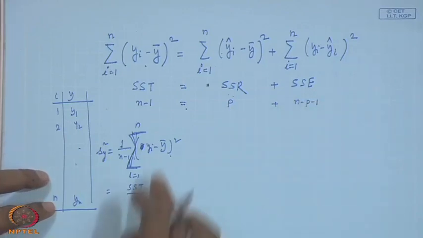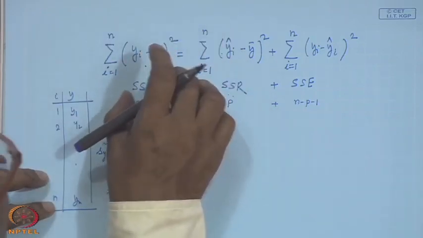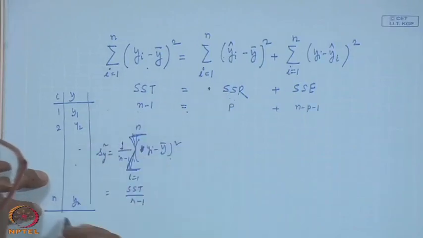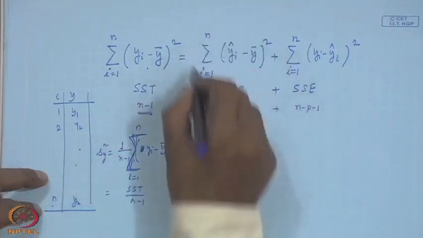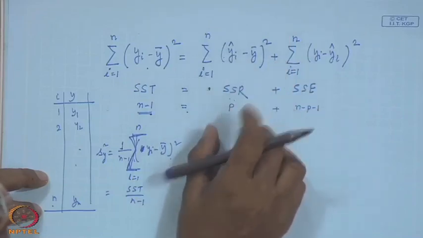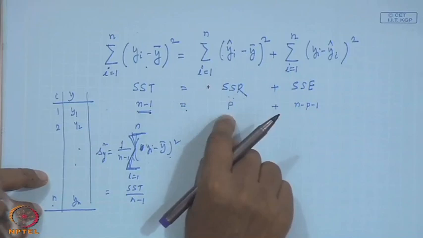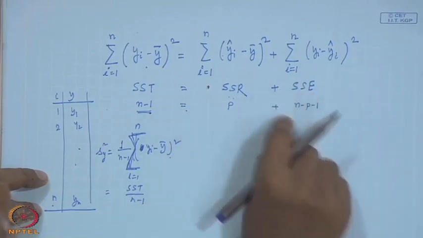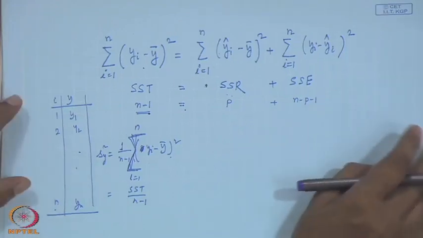Getting? So, for total y, the SST part, as you have n observations, n minus 1 is the degrees of freedom. You are estimating p plus 1 parameters including the intercept, so that is why p plus 1 minus 1, which is p, is the degrees of freedom for SSR. In SSE, n minus p minus 1 is the degrees of freedom.